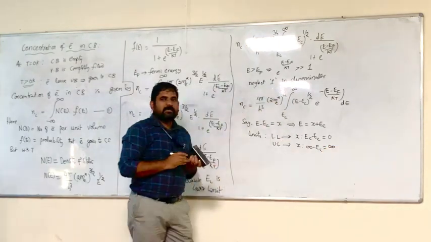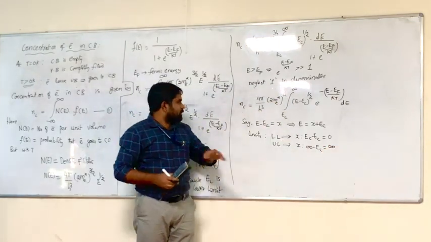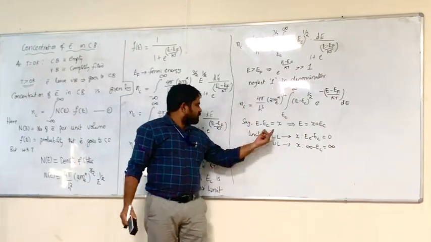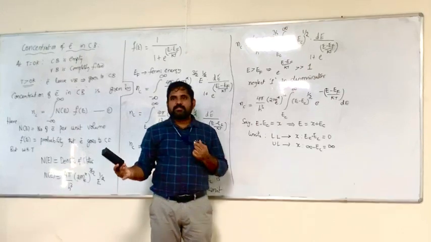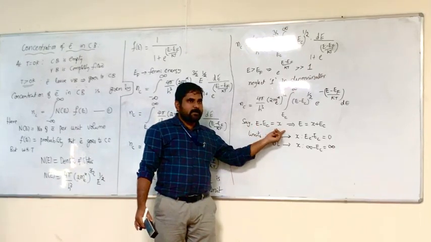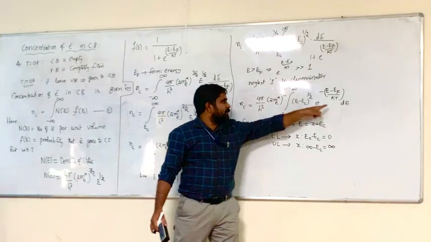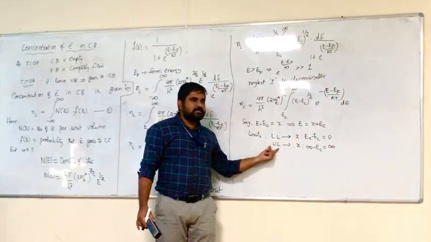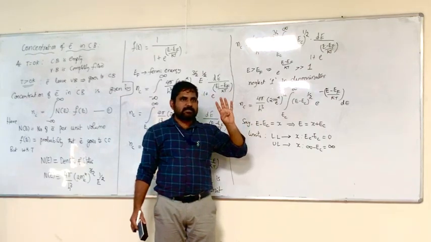See, what we are doing here is, instead of dE, you want to differentiate in terms of x. So you change E minus Ec as x. Correspondingly, dE should change as dx, change number 1. Limits also change into the x limits.